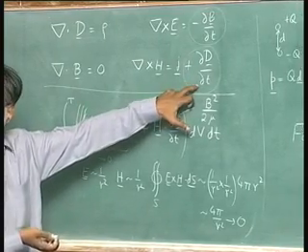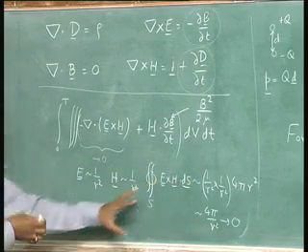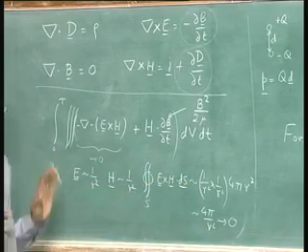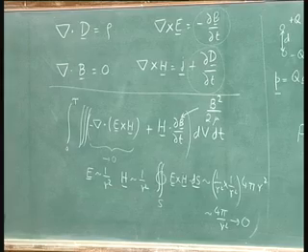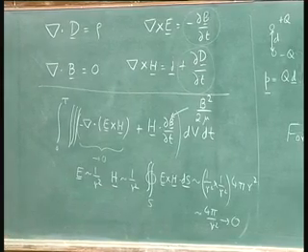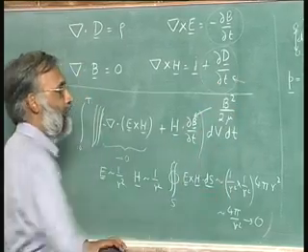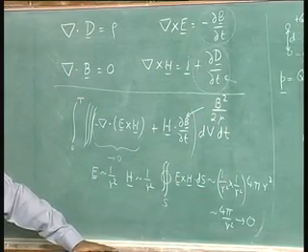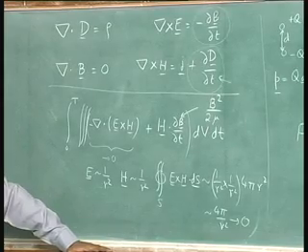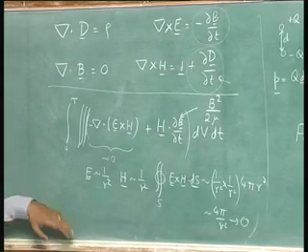Just adding one term has completely changed the character of all the equations. And the importance again of this statement is that this one term, once you added it, was able to combine electricity, magnetism and optics.